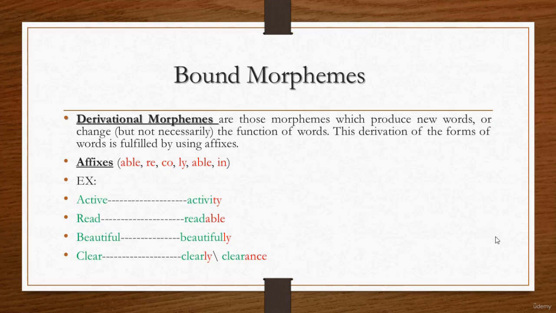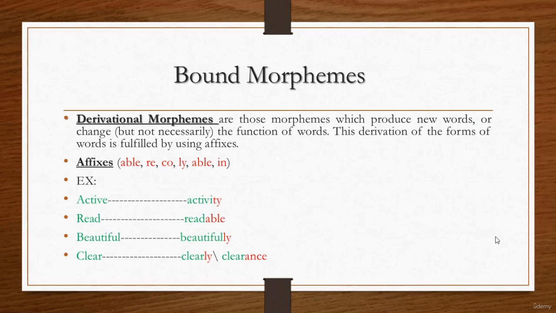For example, active is an adjective and becomes activity when we add the suffix -ity. Here we have a change to another category, from adjective to a noun. Read, readable. Read is the verb, readable is the adjective, something which can be read. Beautiful, beautifully: from adjective to adverb.